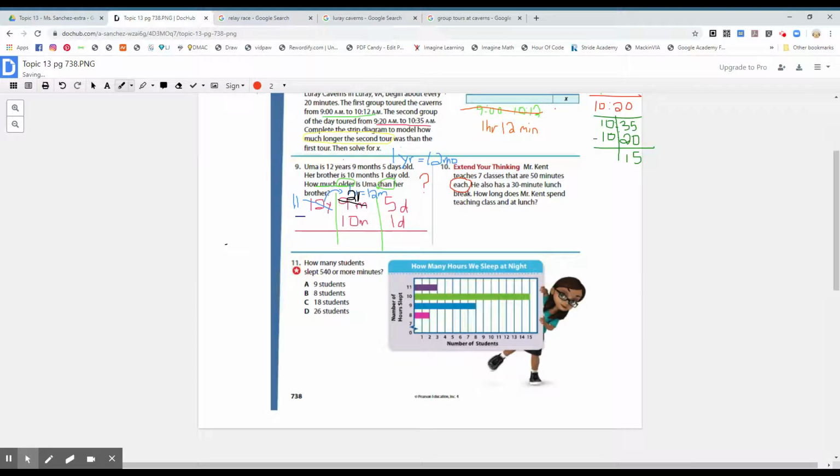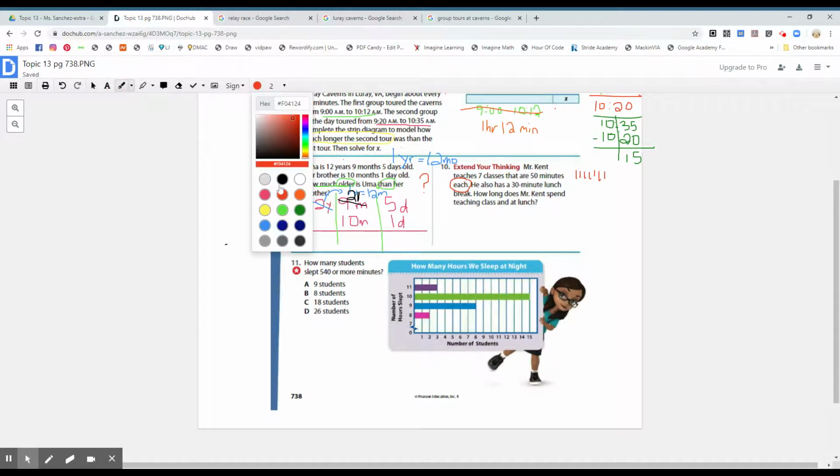If he has 7 classes, 1, 2, 3, 4, 5, 6, 7 classes, and each one is 50 minutes, 50 minutes, 50 minutes, and so on. What do we call that, boys and girls? If you said repeated addition, good job. So if this number gets repeated 7 times, what would be that operation, boys and girls? If you said multiply, good job.